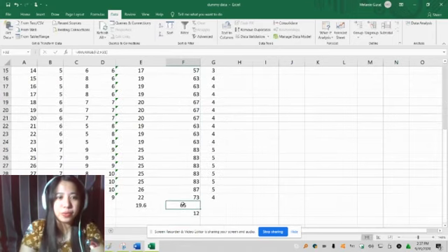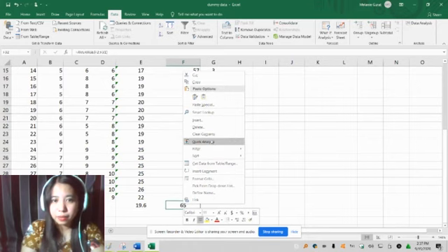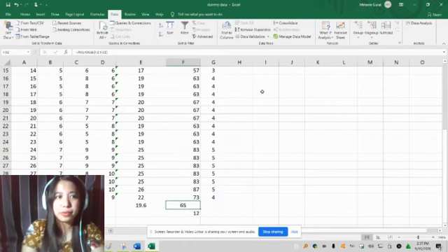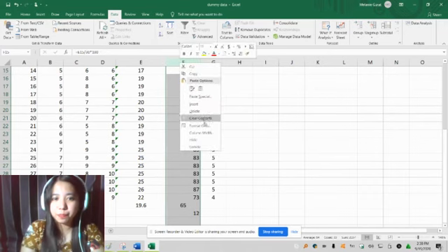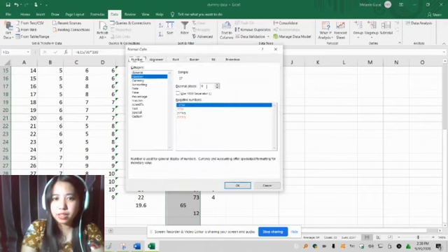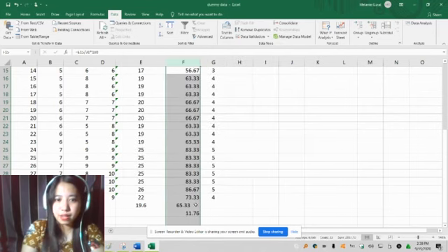So if we want to know the decimal place here, because it's already rounded into 1, then we can set this back into, again, 2 decimal places. The value is 65.33.